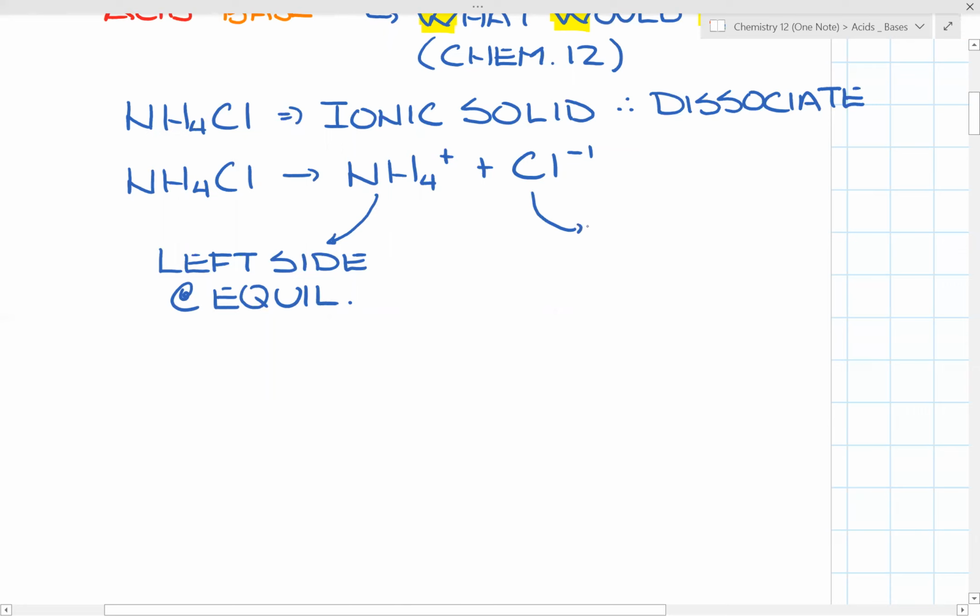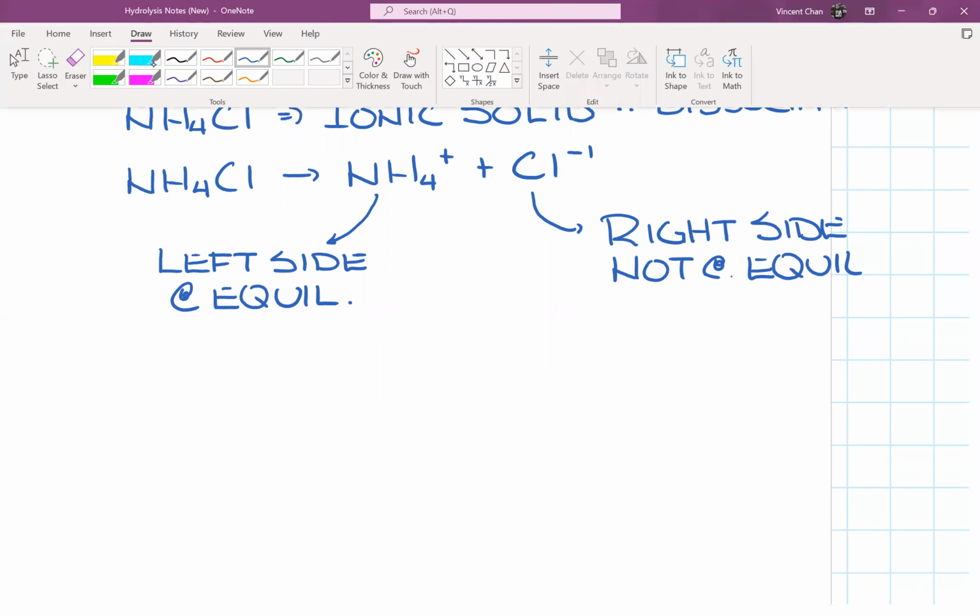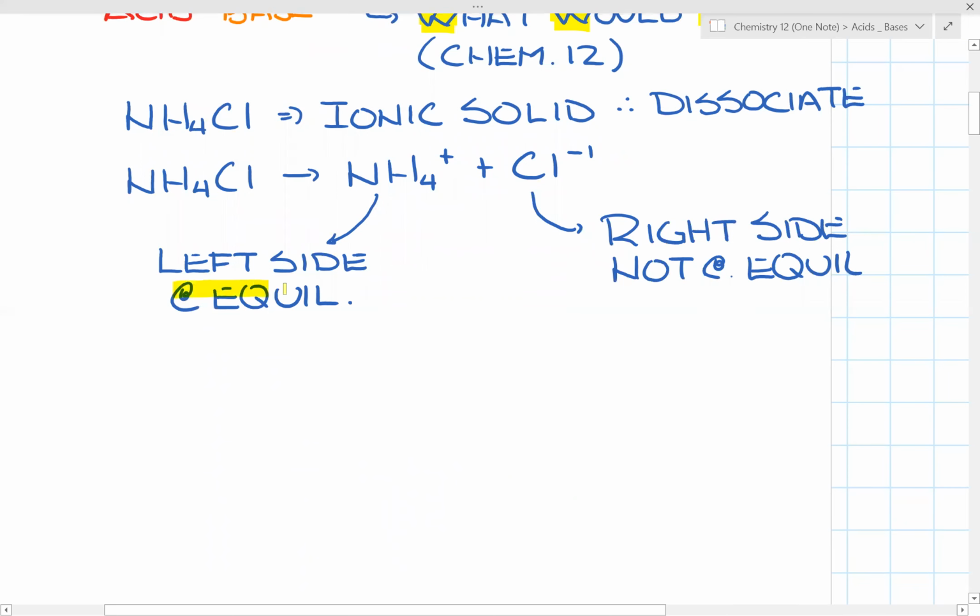Chlorine minus 1 is on the right side, not at equilibrium. Now, the key thing you might want to focus on is the fact that one is at equilibrium and the other one is not at equilibrium.